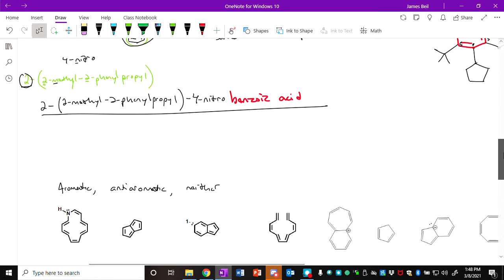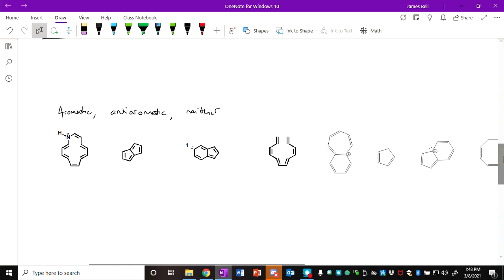Hopefully that's helpful. I also created some structures here because we recently talked about determining whether something's aromatic, anti-aromatic, or neither. And so I want to look at that analysis for each of these examples. To determine if something's aromatic, we know that there has to be full conjugation all the way around the ring.